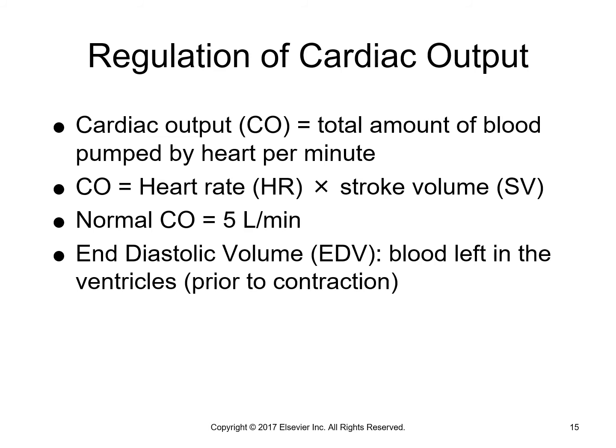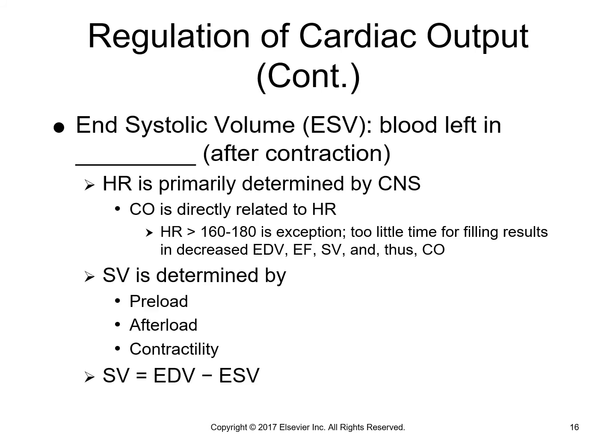This amount is the EDV, or your end diastolic volume. The amount of blood ejected during systole, or the contraction phase, is the stroke volume. At the end of systole, the volume of blood remaining in each ventricle is your end systolic volume, which is on the next slide. So your end systolic volume is the blood left in the ventricles after your contraction. There's a small amount of blood left after that contraction.